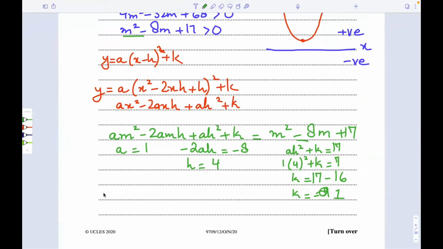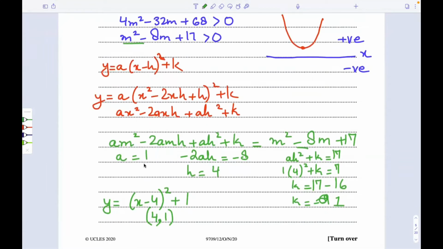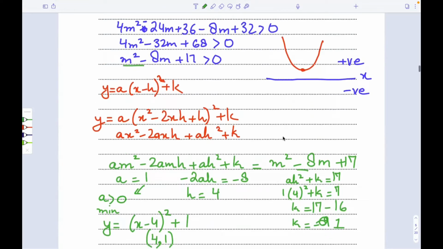Now putting this in the form y is equal to, we have a as 1, x minus 4 whole squared plus 1. From here, we can show that the turning point of this curve is 4, comma 1, which is above the x-axis. So it has a minimum point. As a is greater than 0, the minimum point is above the x-axis.